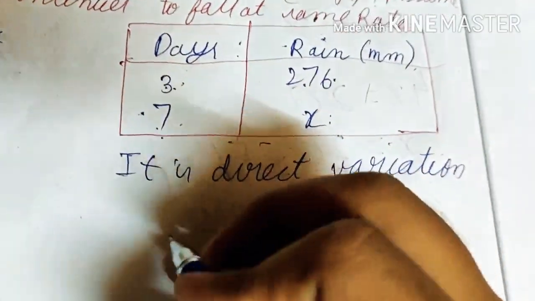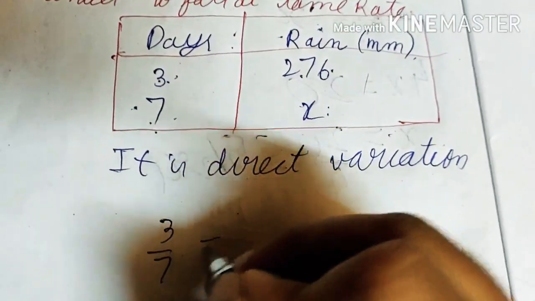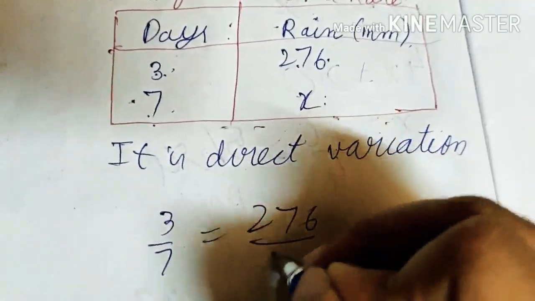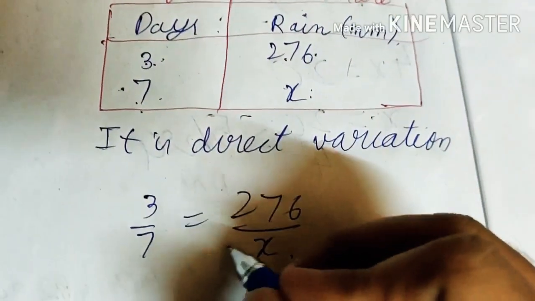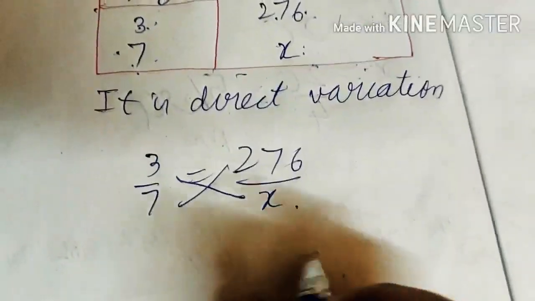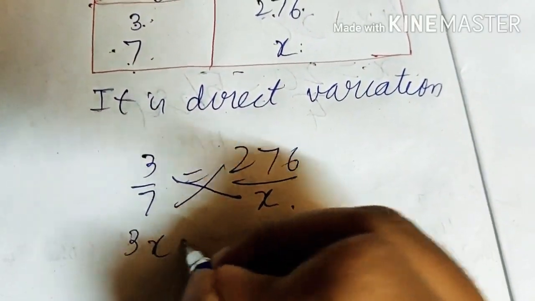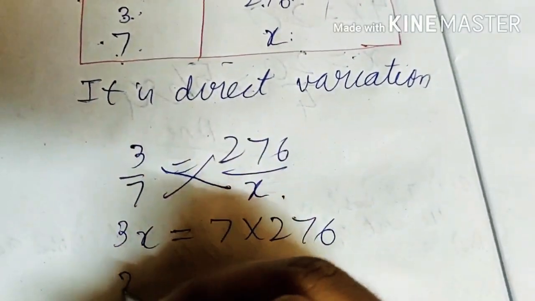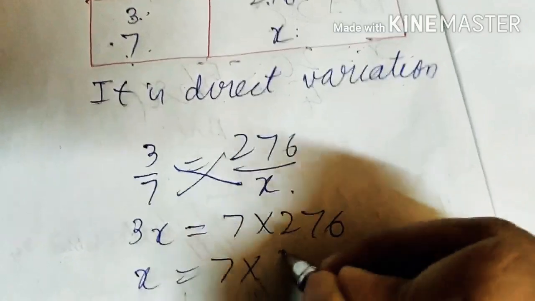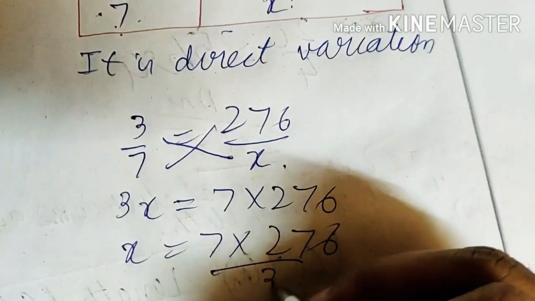So we'll write in the same pattern, 3 upon 7 equals 276 upon x, as is for direct variation. We'll cross multiply it, means 3x equals 7 into 276. x will be equal to 7 into 276 upon 3.